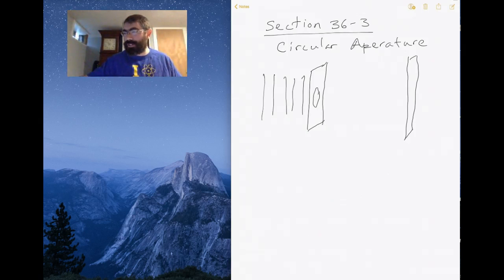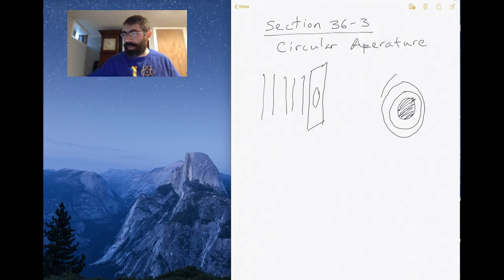So what you would find is a central maximum. Actually, let me make the screen bigger. What you would find is a central maximum, and then maxima and minima, which would end up looking like concentric rings.